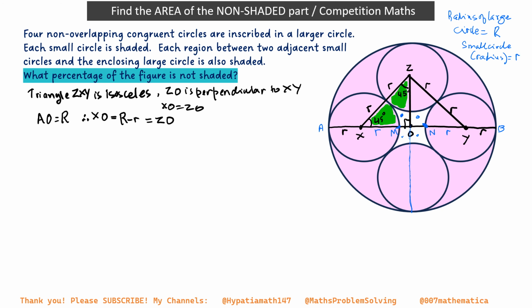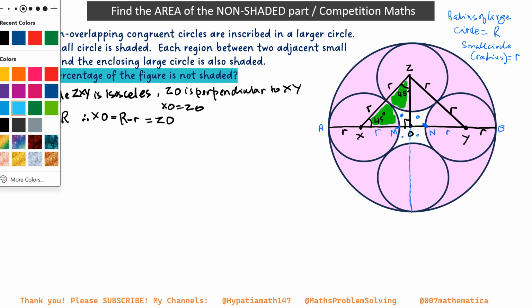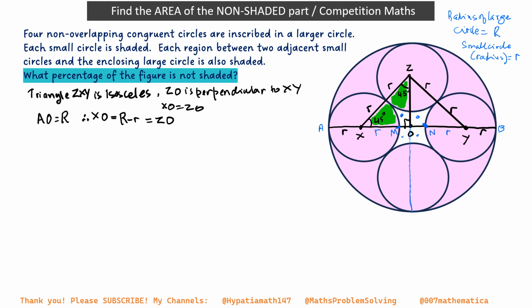So then area of the sector, so I have Z, if I say M and N, so this is N. So area of the sector MZN would be pi r square times theta, which is 45 out of 360 degrees.